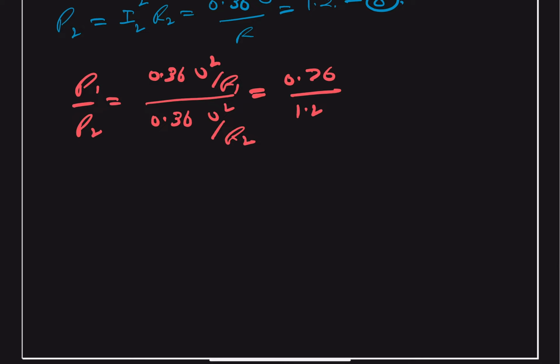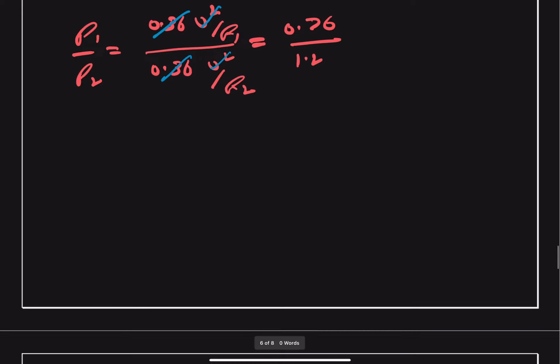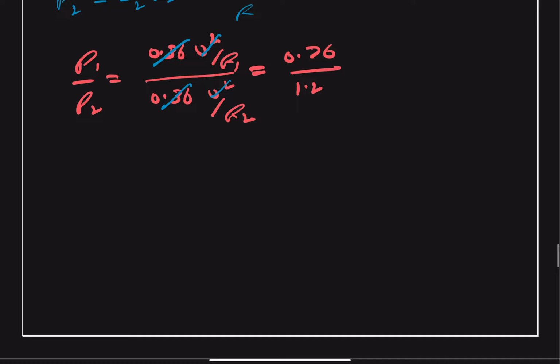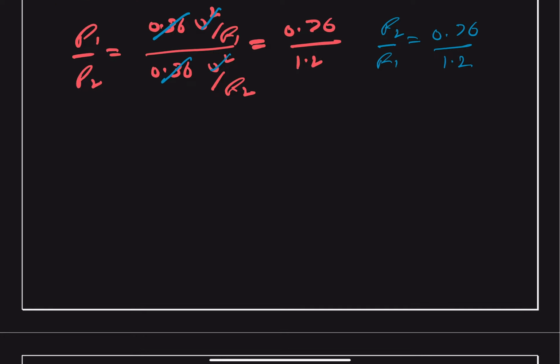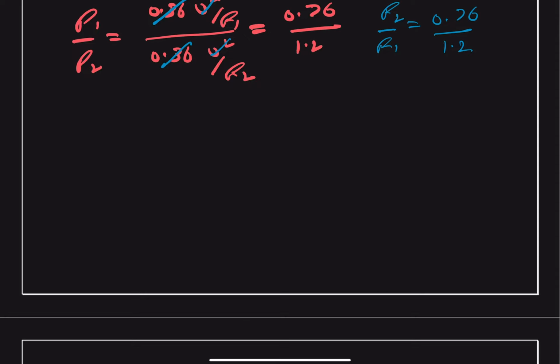Here these terms will cancel out with each other, and this gives us that R2 by R1 is equal to 0.76 divided by 1.2. From here, let me solve it a little bit.